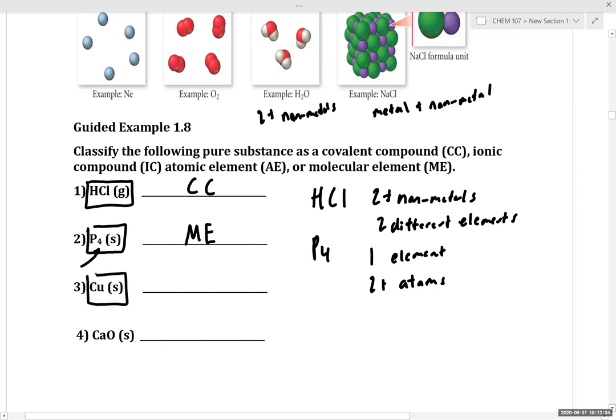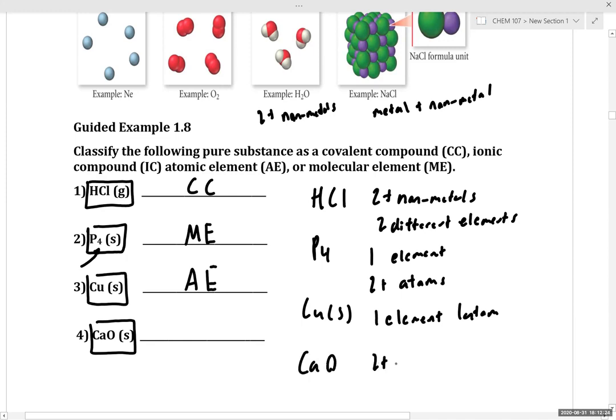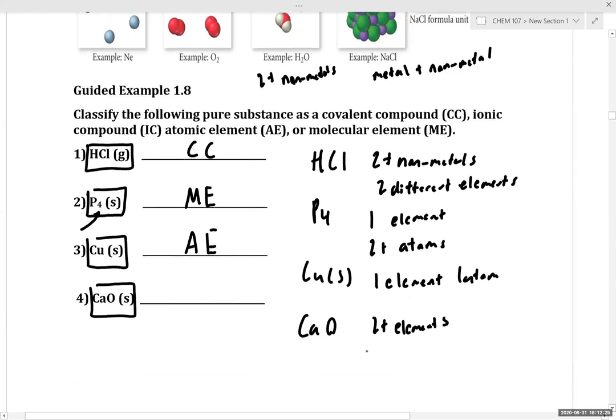Looking at copper, solid copper, we have one element and one atom in our formula. So as a result, we'd call this an atomic element. Finally, calcium oxide: we have two or more elements in our formula, and we have a metal and a nonmetal. As a result, this is an ionic compound.